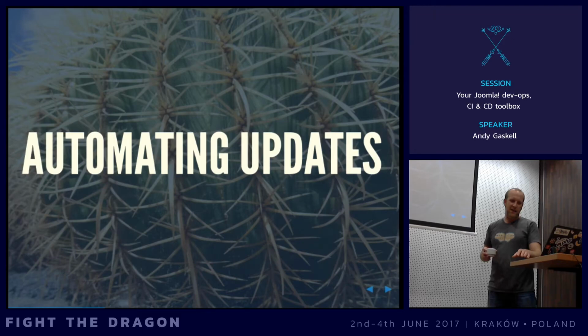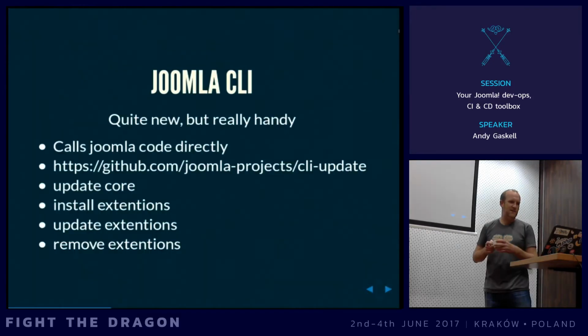In terms of updates, I used to always do everything with a headless browser. But you can update extensions and call it like any other command line terminal script. Some of these things, like installing extensions and running updates, work really well, especially if you're managing hundreds of sites.